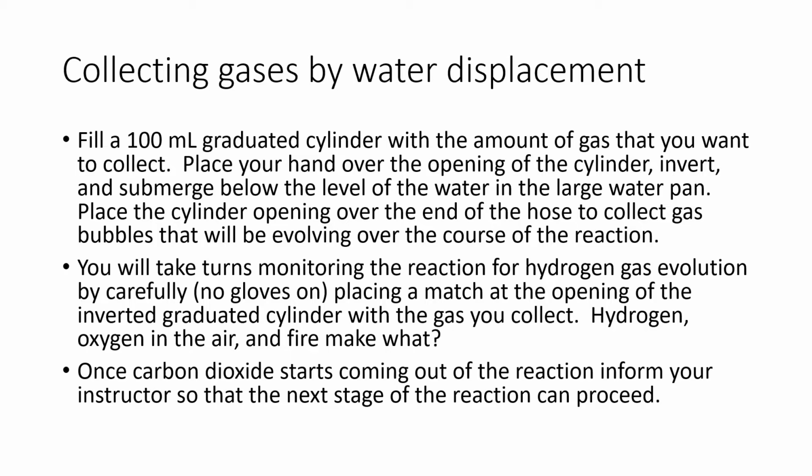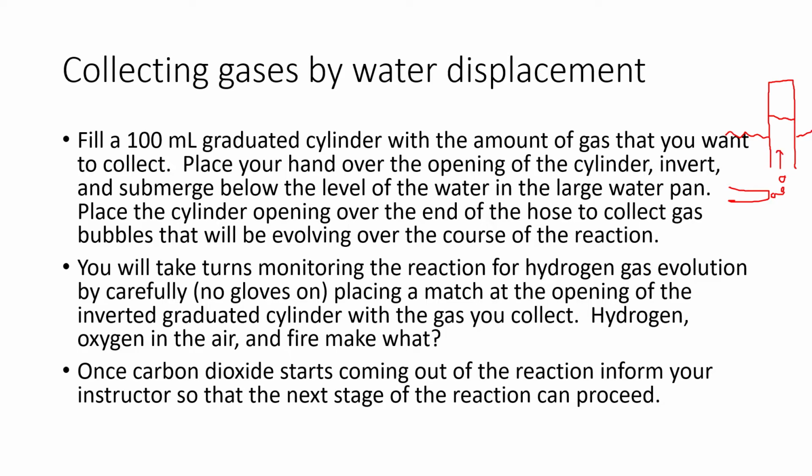So you can see this better in Dr. Salvador's video, but what's happening is we will have a cylinder here that's been inverted in a bucket of water. So let's say this is our water. And here is our tube that is producing gases. And the gases will go up into the cylinder. So let's say this is our water level and the gases go up.